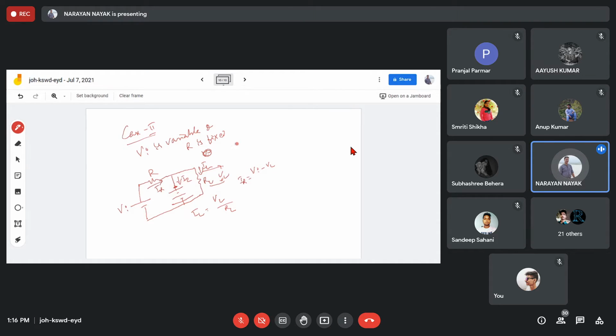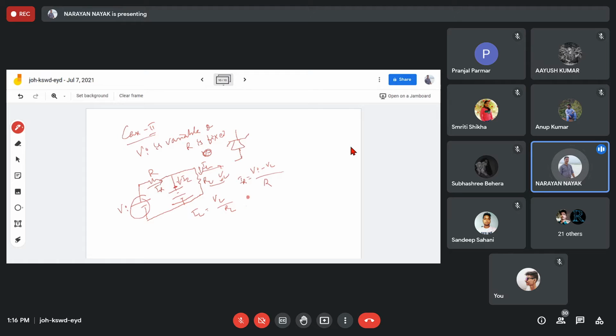Because Zener is always connected like this, the positive terminal is connected to negative and the negative terminal is connected to positive. So total IR is equal to this voltage minus the load voltage, divided by R, because this voltage equals this voltage since it is parallel.